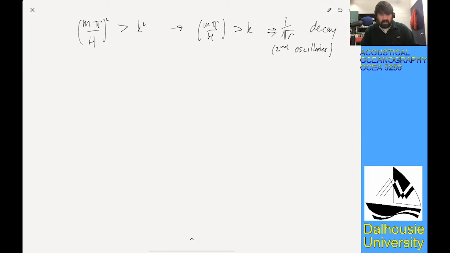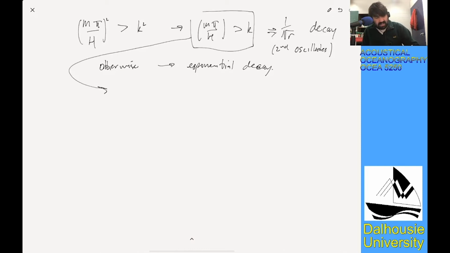Okay? Otherwise, we get exponential decay. Much faster, kills the whole signal, right? Much, much faster. So essentially, this condition here, we say it allows modes to propagate. So the modes propagate.